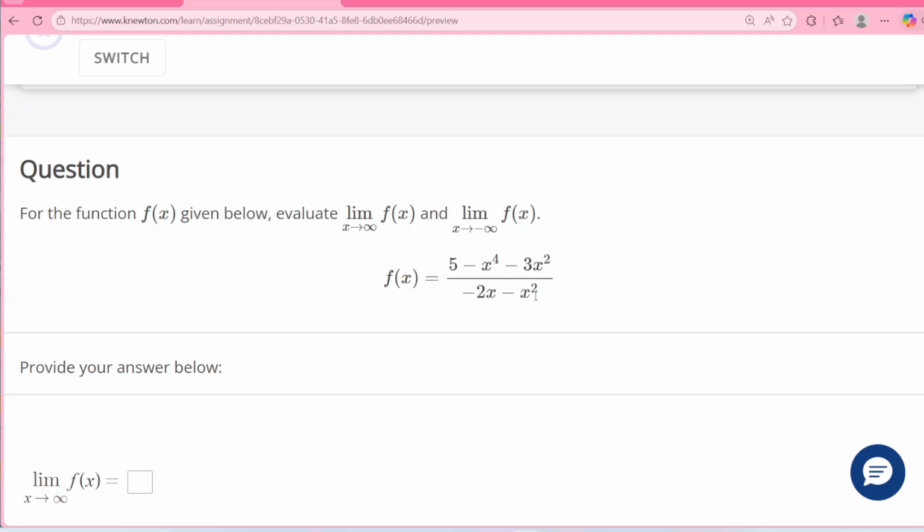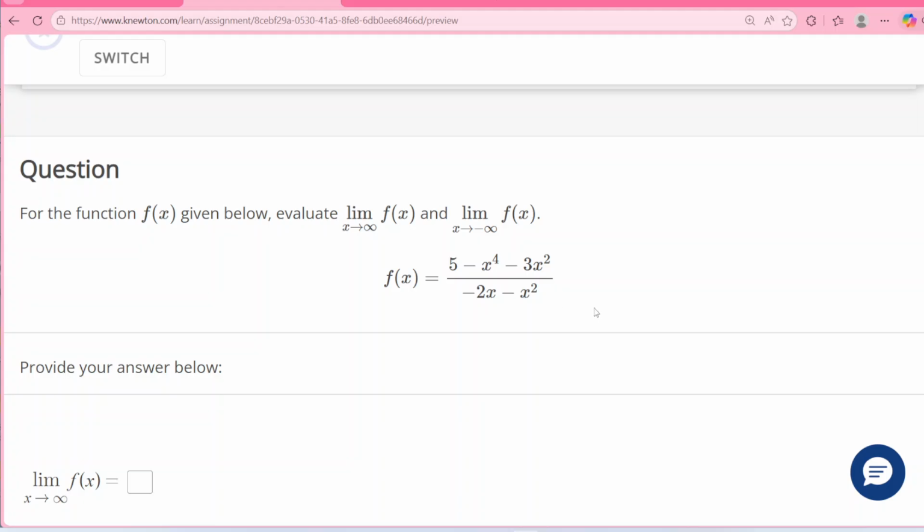They say those highest powered terms dominate the polynomial. They have much, much larger values than the other terms. So when you're evaluating a limit at infinity for a rational function like this one, polynomial over polynomial, you're really only going to have to focus on the highest powered terms.